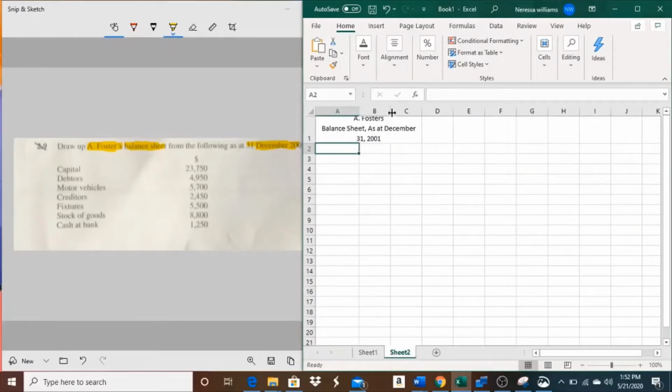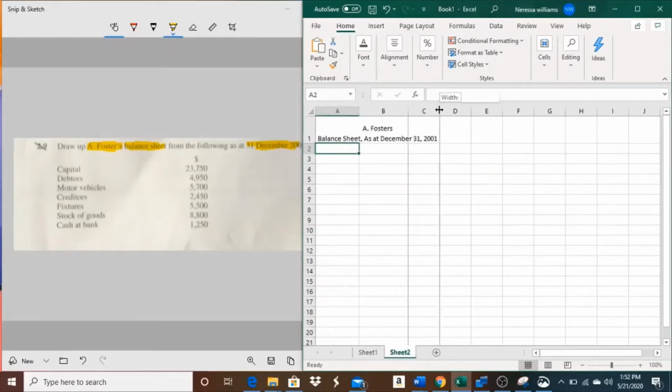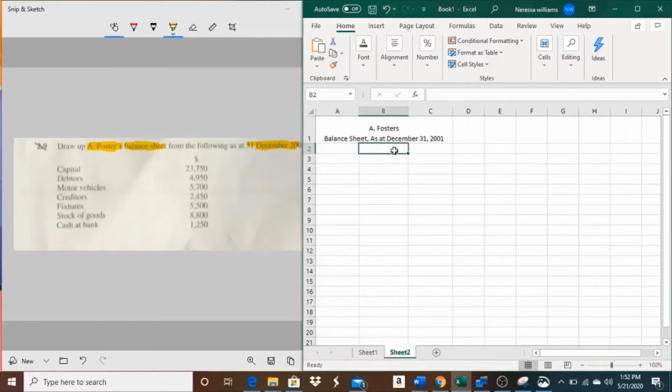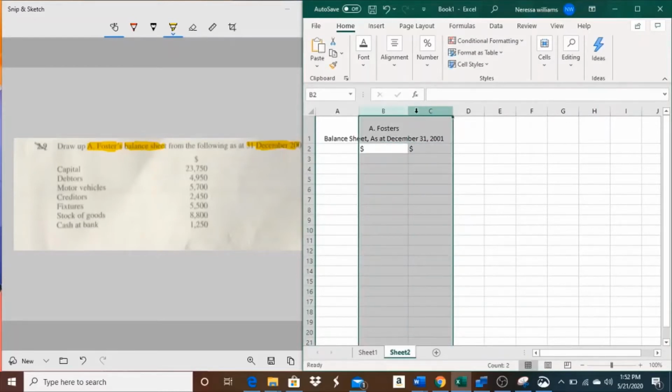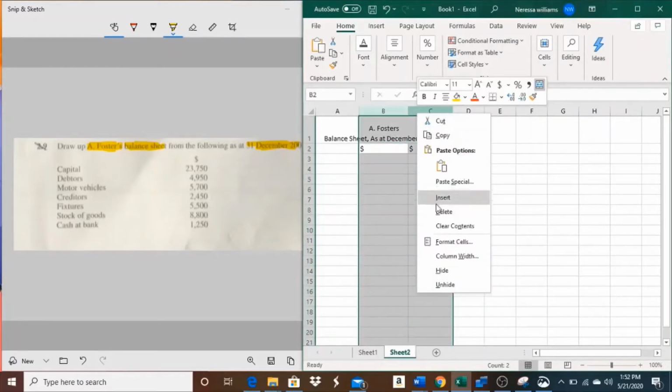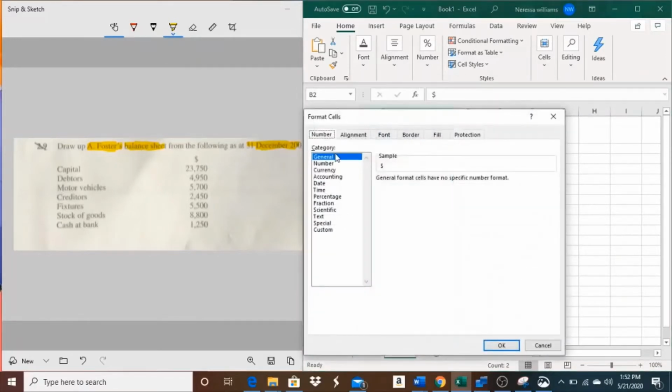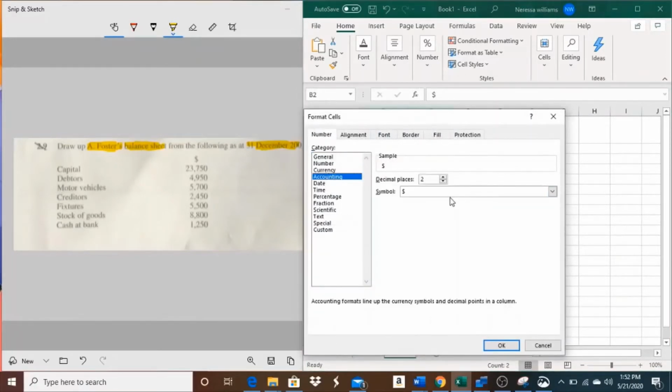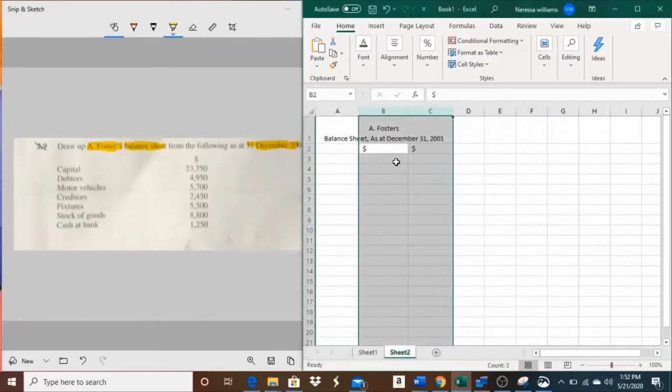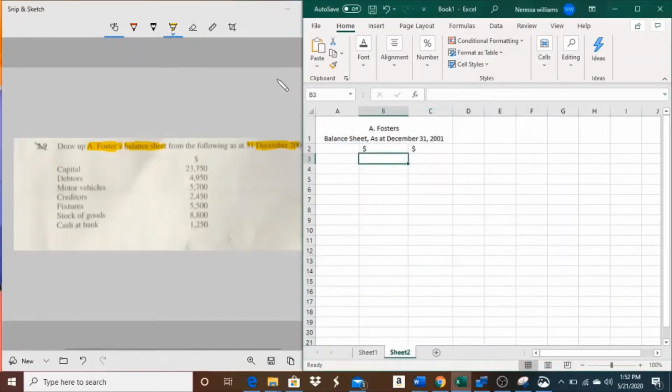The steps that I'll be outlining will be better for you when you're creating these. The first step is creating your heading. The second step is identifying those items that are in the question and grouping them by category, like which of these are assets and which are liabilities, so that you know where to put them in the balance sheet.